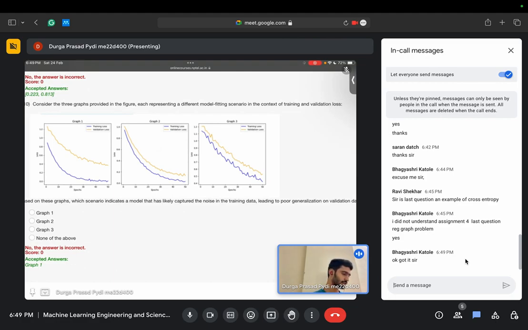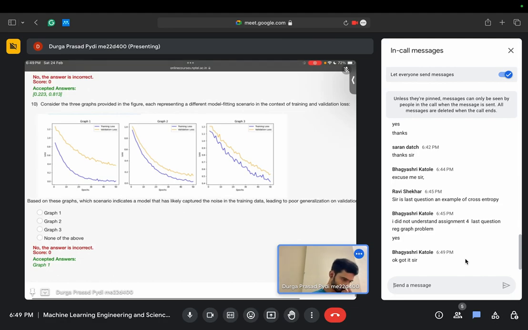Maybe you can answer another question on this. Out of these three, which one do you think has more variance in it? So there are two things. One is bias, the other one is variance. Variance is with respect to that particular model. So which of these three models do you think has more variance?